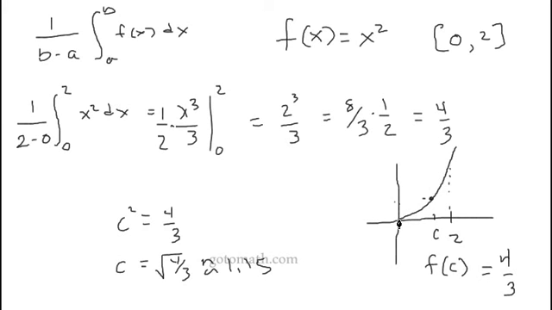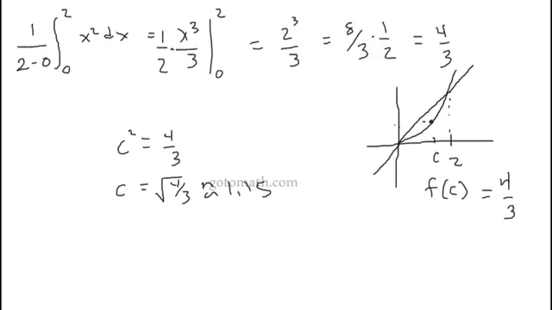Well, remember when we did our f of x was equal to x, if we were on the interval between 0 and 2, our c would be 1, remember? But this time it's moved slightly to the right, and that's got something to do with our function curving right here. But anyway, a little something extra to think about.